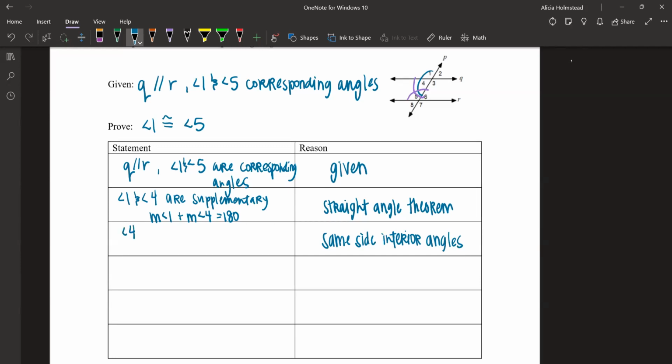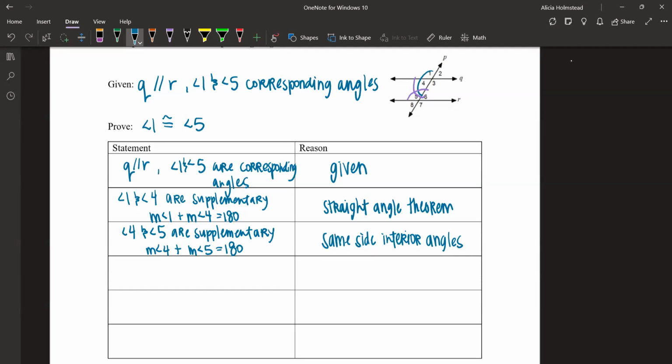So we can conclude that they are supplementary. And because they're supplementary, the measure of angle 4 plus the measure of angle 5 must be 180 degrees.